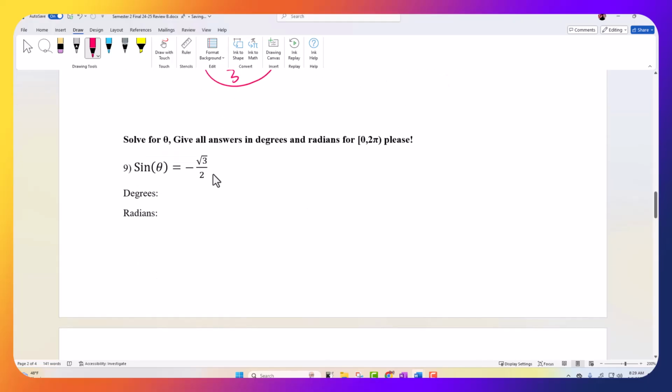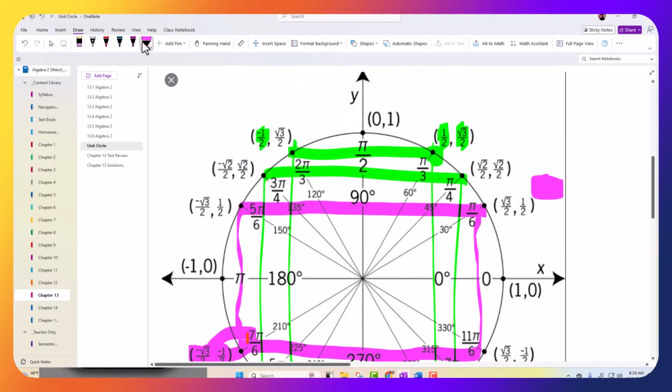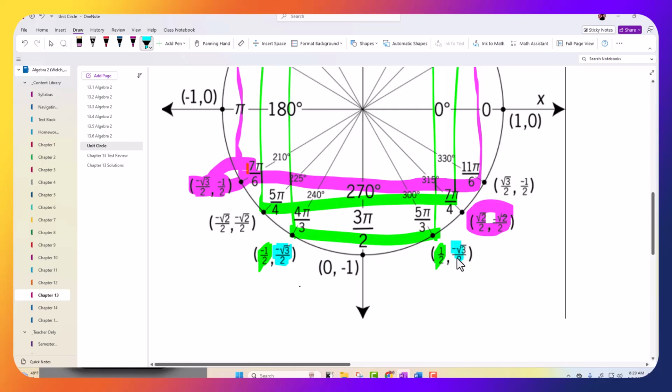Sine of theta equaling negative root 3 over 2, this is telling me to do it backwards. I'm looking for the location where this is the y-coordinate. Okay? So if I go to my circle looking for y-coordinates of negative root 3 over 2, let's change colors here. The y-coordinate is the second coordinate. Negative root 3 over 2 occurs right here and right here.